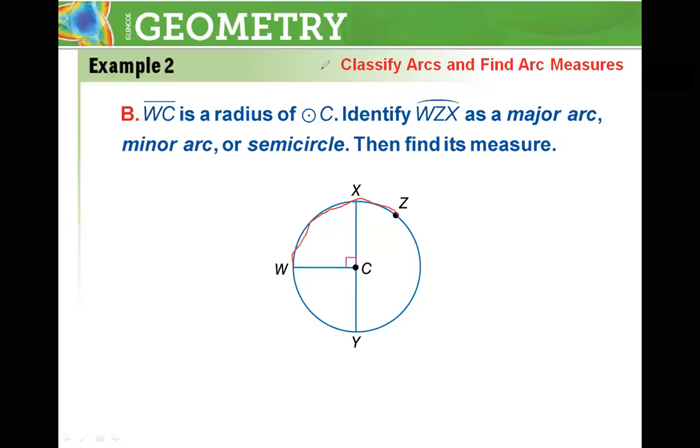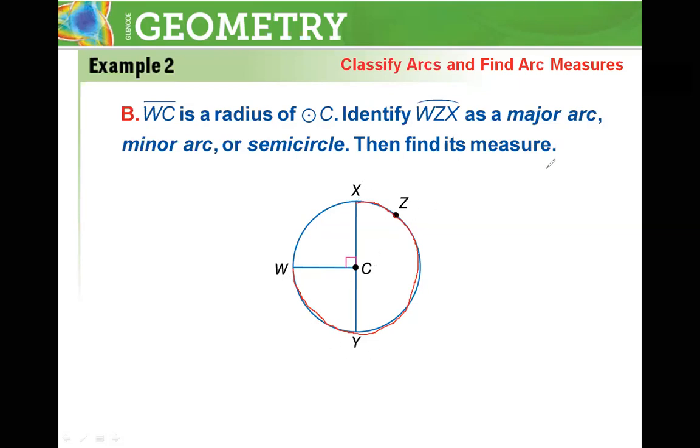WZX. Pay attention with me. I'm going now again, but I just need to erase this. WZ. I'm going by the order of the letters. WZX. Are you with me, Ibrahim? Yes. So this is greater than or smaller than 180? Going from W to Z and then X. Bigger than 180.